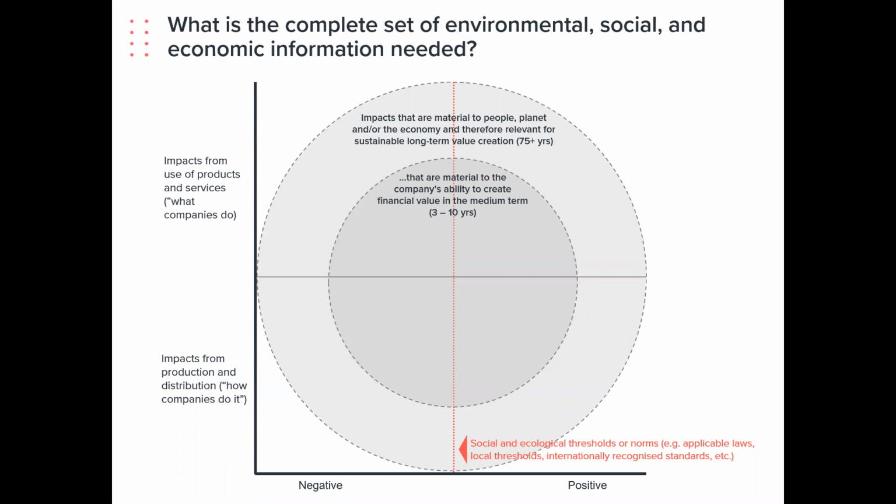So the outer ring I've just shown you, that large grey circle, the largest one, you can think of that as the universe of impacts that are material to the world that a company should be measuring and managing if it's honouring its stakeholders. But clearly there's a subset of that performance data which also has financial ramifications for the company, and that can be over the medium term.